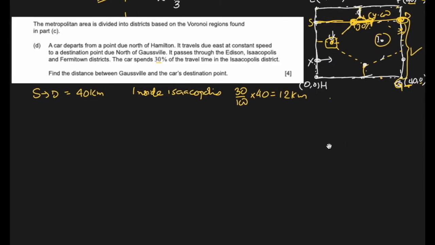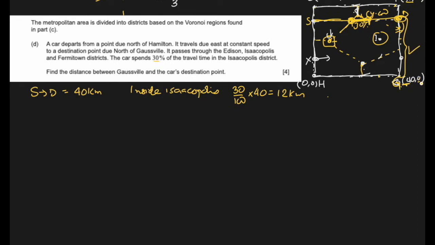Between this point and this point the distance is 12 kilometers. If somehow we find the y coordinate of this particular point, the same y coordinate will be here, and I will subtract 0 from it because the y coordinate of G is 0. So whatever the y coordinate is, that is the distance. Yes. In other words, they're asking us to find the y coordinate of these two points.